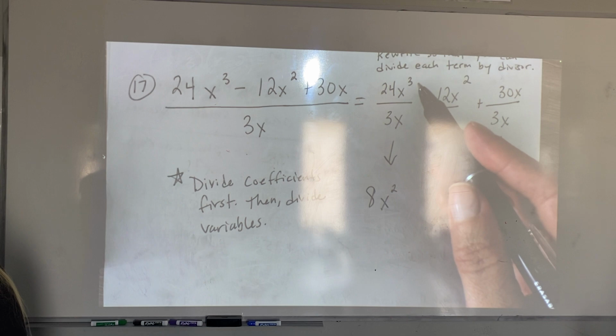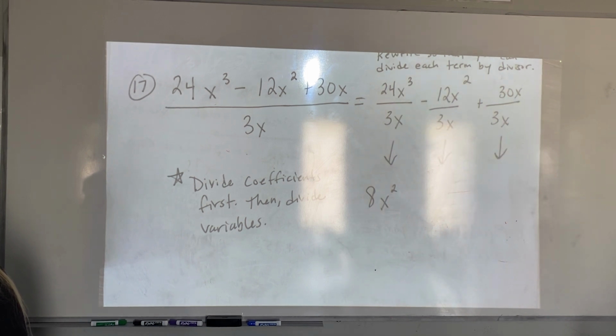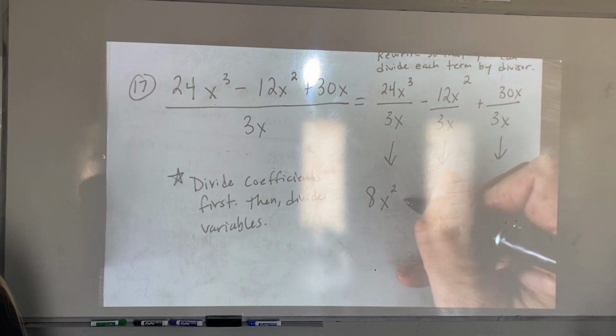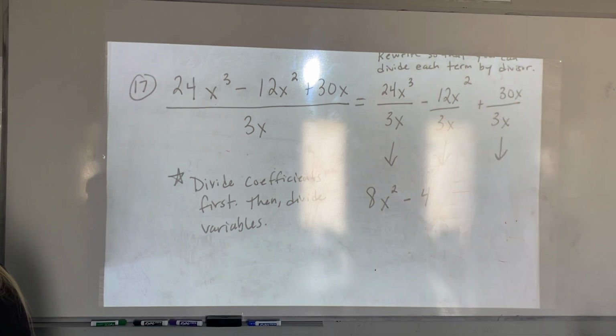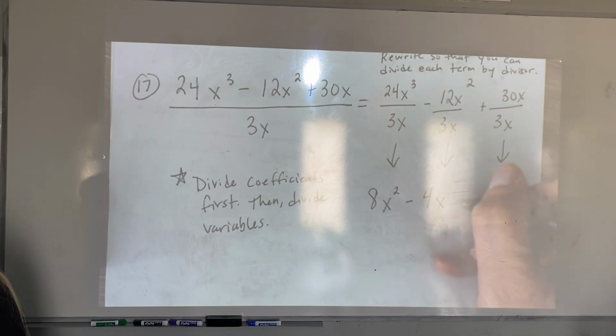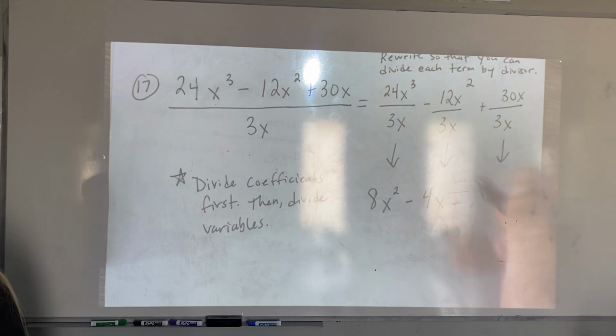So x cubed over x to the first is x squared. Then we have minus 12 over 3, or x squared over x. Oh, it's just x. Just x, very good. Plus 30 over 3, 10. X over x. There's no x.